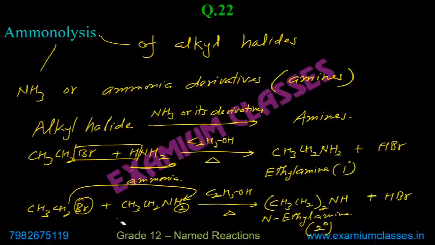Now suppose you take this secondary amine, because this will also react. I'm considering the same ethyl bromide. CH3CH2Br, this we already had. And (CH3CH2) whole twice NH was produced.